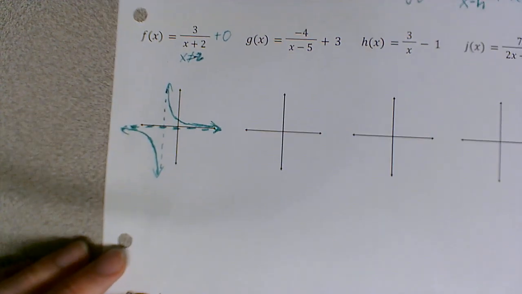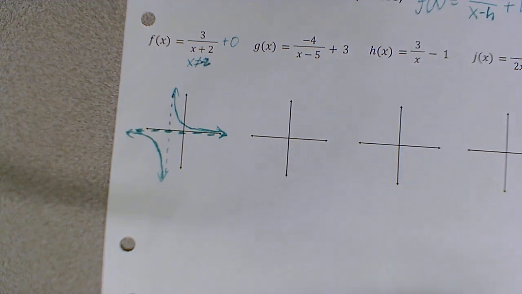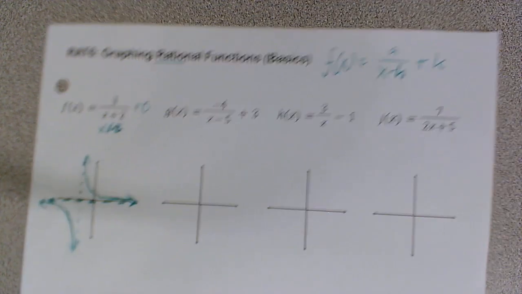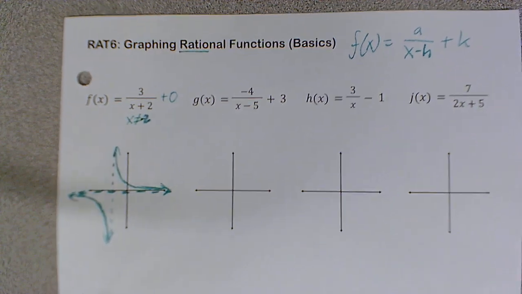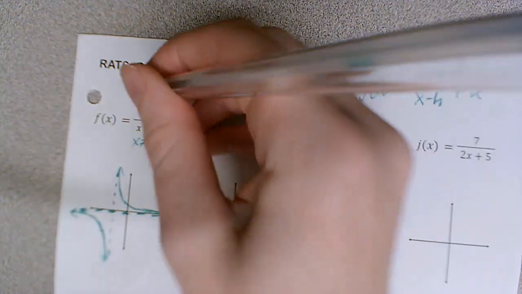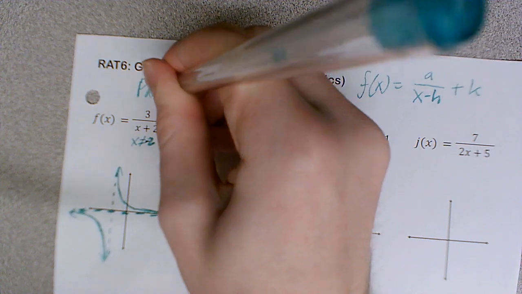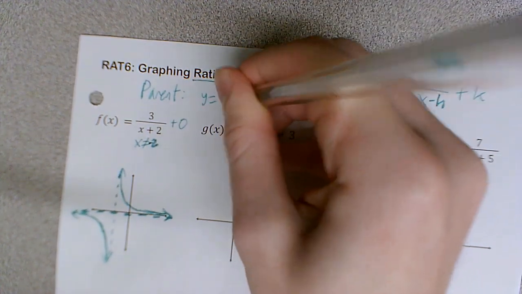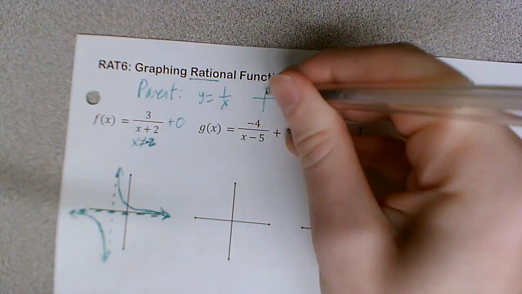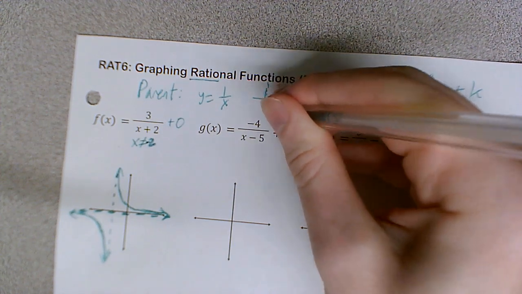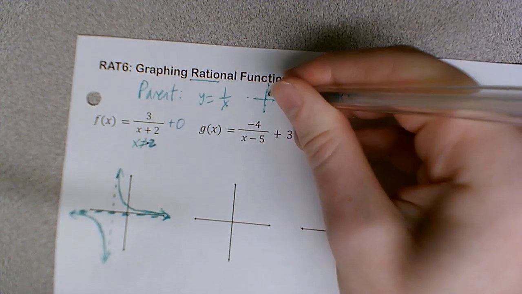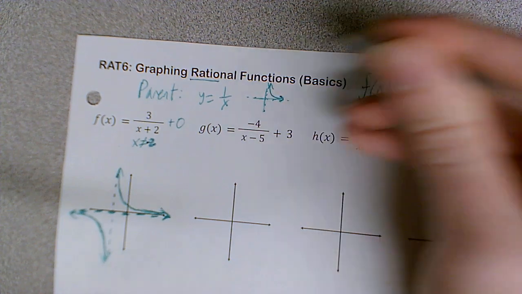And we can say a few things about this hyperbola. First of all, the parent function of this is y equals 1 over x, which has asymptotes at 0 and 0, and it looks like that.